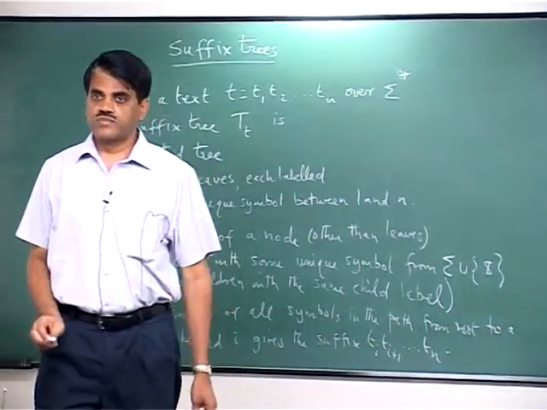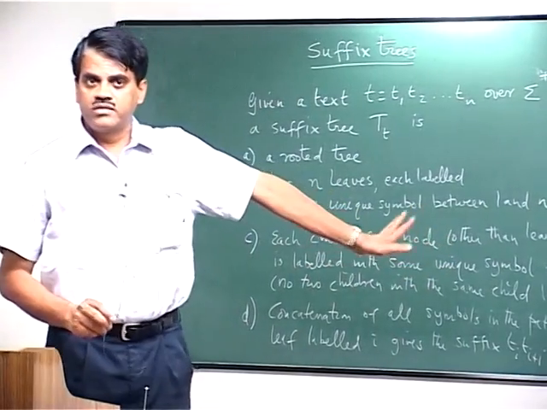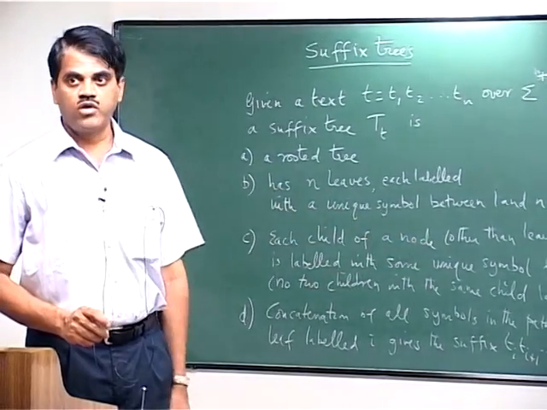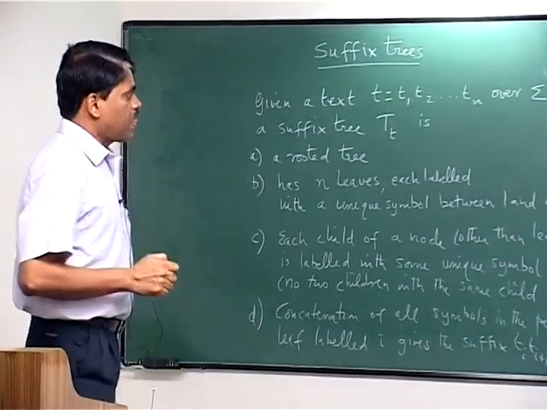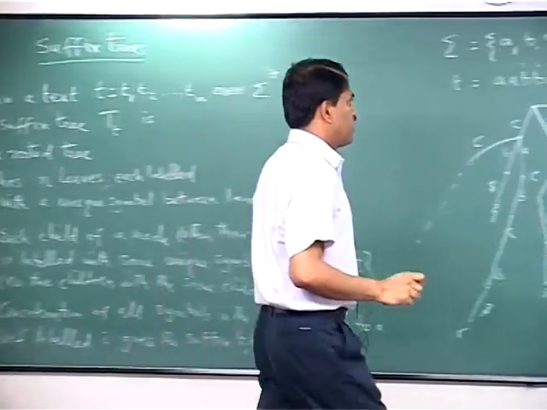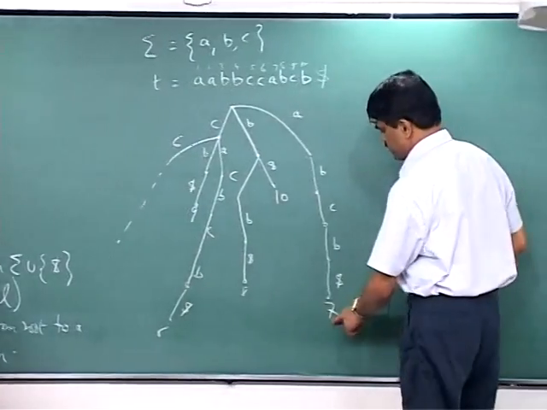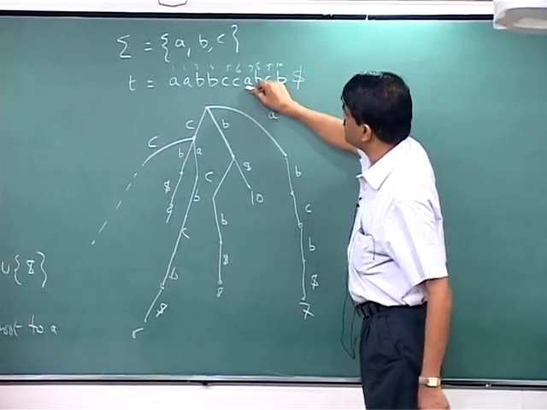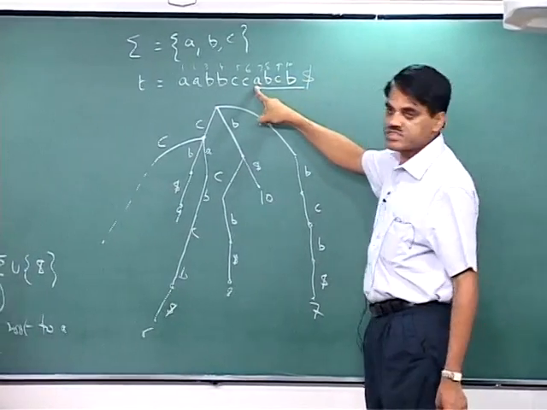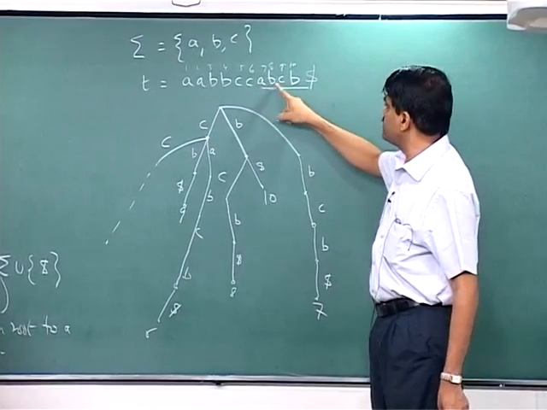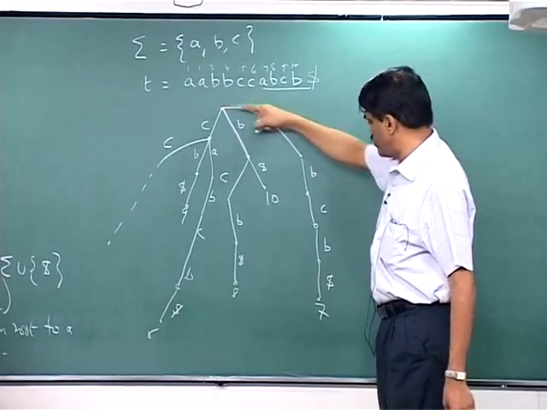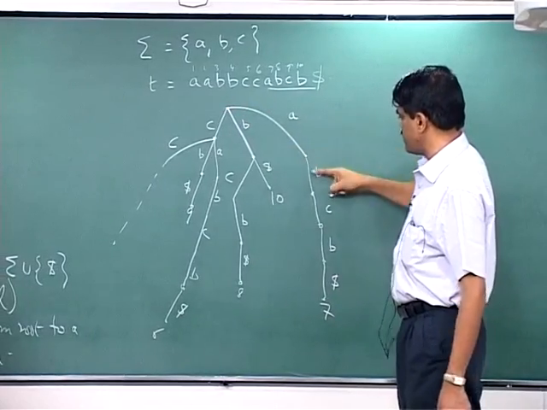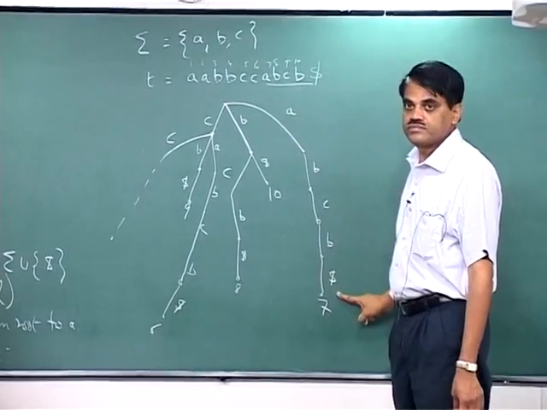Okay, is it clear what's going on? Just take a minute to absorb how I constructed this tree. All I want is, I look at this, what does 7 mean? Look at the suffix starting at position 7, A, B, C, B dollar is what I have when I read the root to that leaf path. Okay, so that's all.